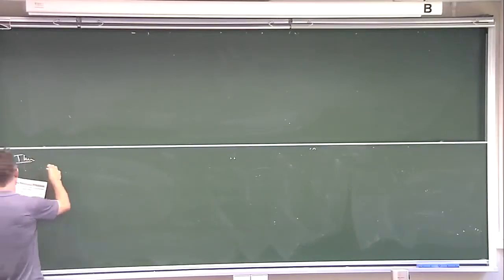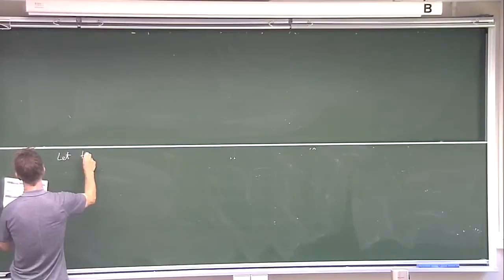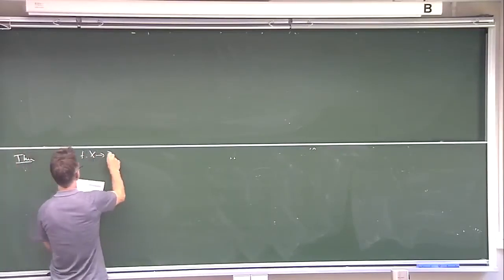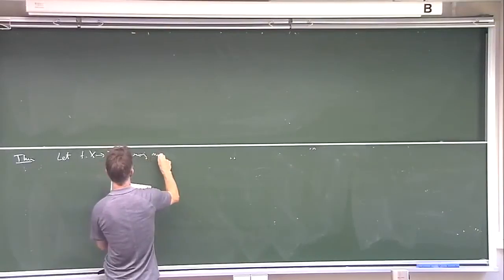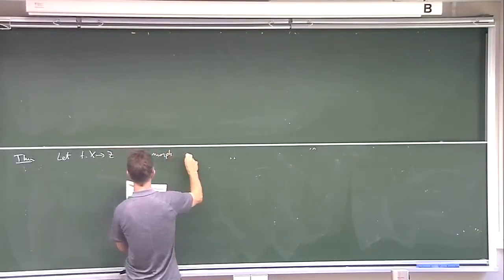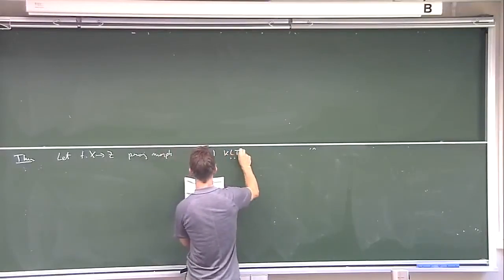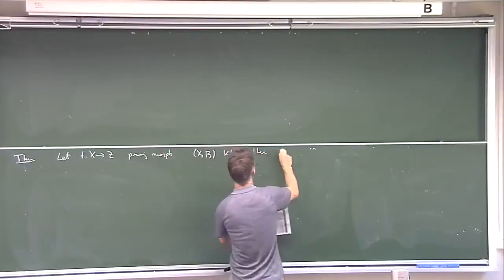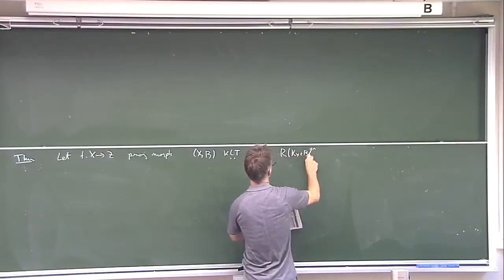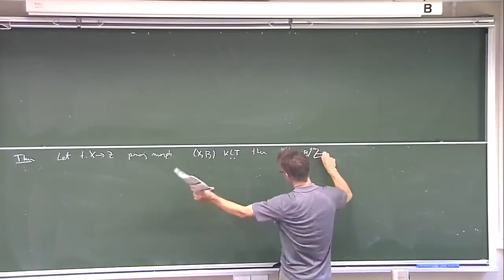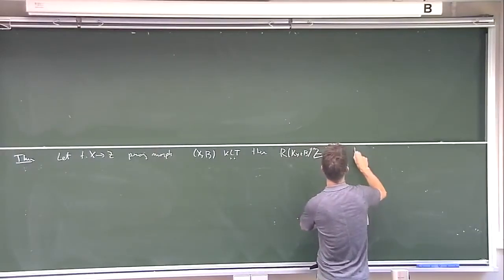So here's the theorem. Let f from X to Z be a projective morphism of quasi-projective varieties where (X,B) is a KLT pair, then the ring of K_X+B over Z, now I call it Z finally, is always finitely generated.